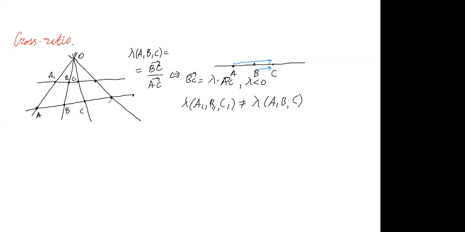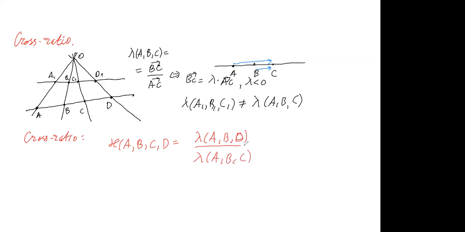They added a fourth point D to this picture, and then they introduced a cross ratio of 4 points by putting kappa of A, B, C, D equal to lambda of A, B, D divided by lambda of A, B, C. Now this expression turns out to be invariant with respect to the change from A, B, C, D to A1, B1, C1, D1.